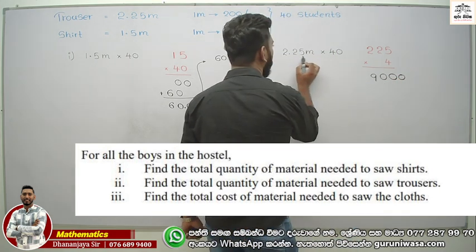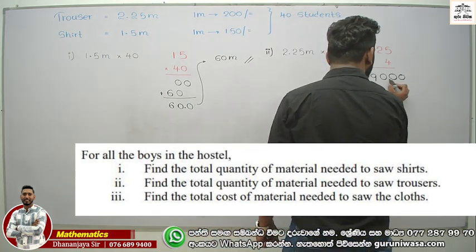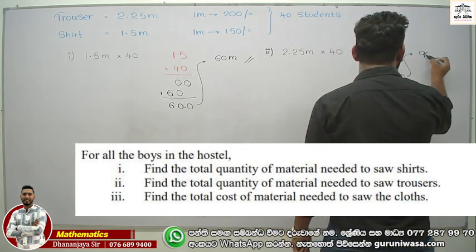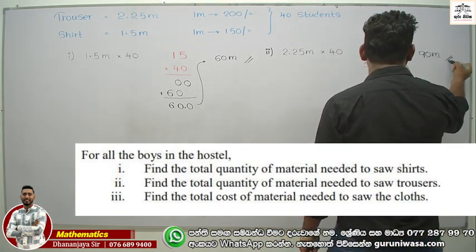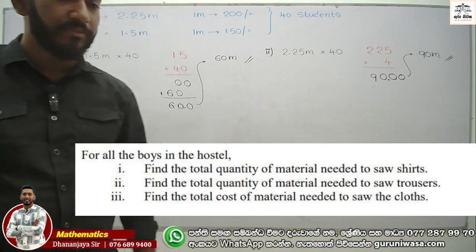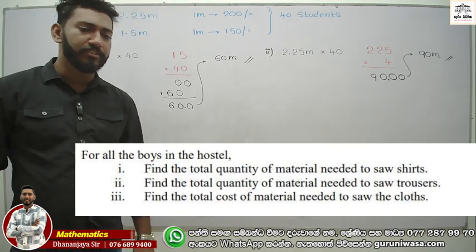Now there are two decimal places. The answer becomes 90 meters needed. Now find the total cost of the material needed to sew the clothes.